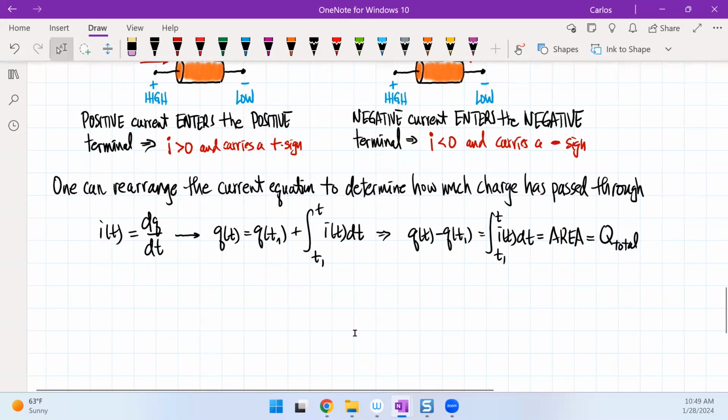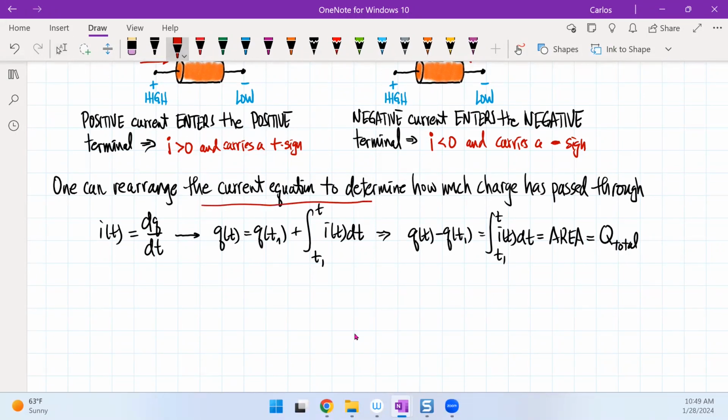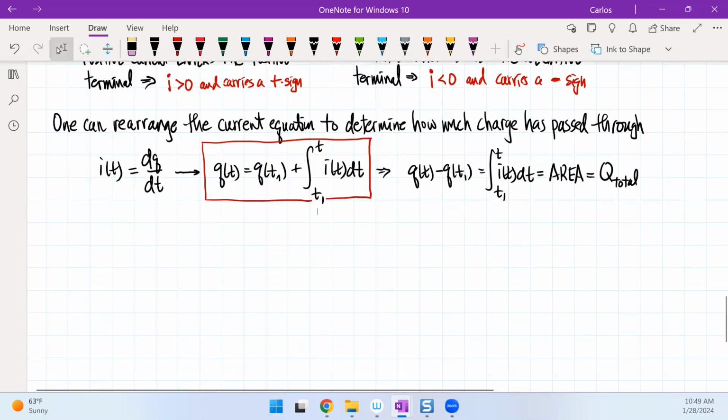So this equation effectively gives us what the total charge is that's going to pass over this time interval. So let's look at some examples to give you a sense of what I'm talking about.